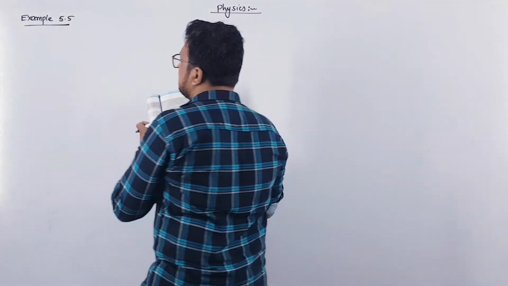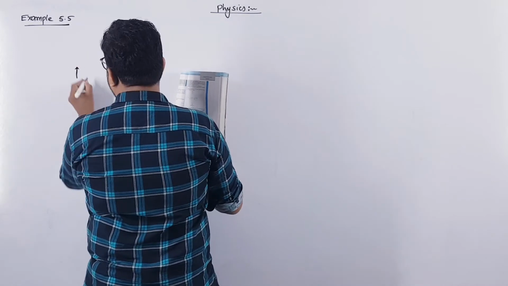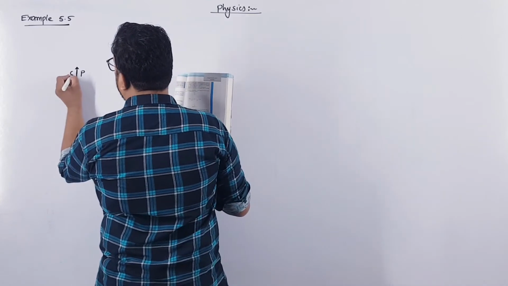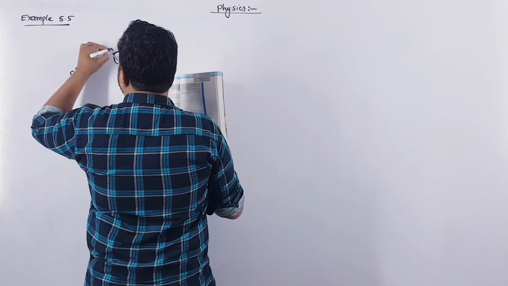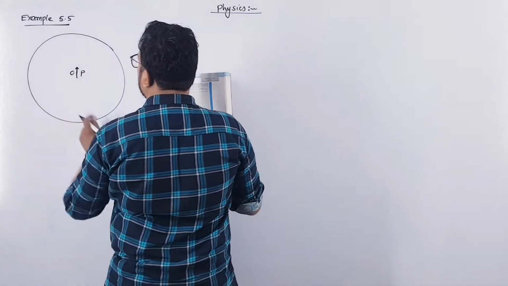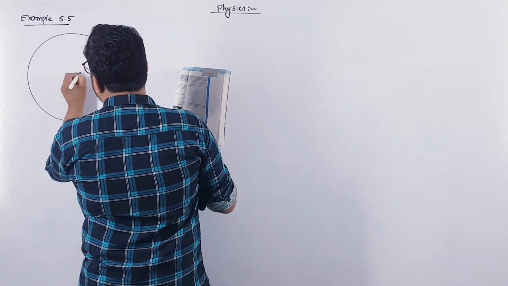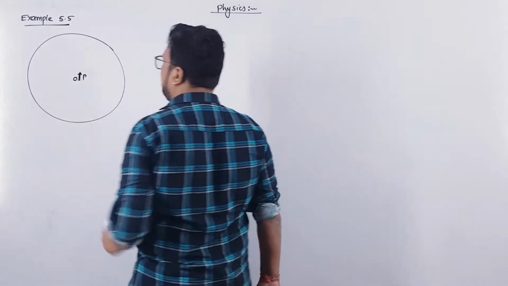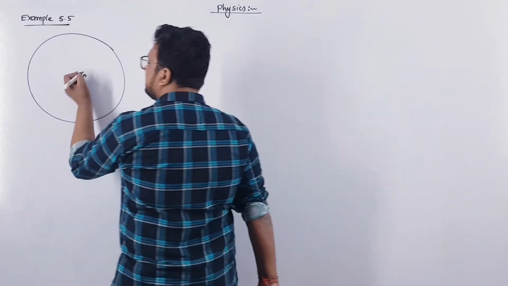So here the figure is something like this. Here we have dipole moment P, a small magnetized needle P, which is kept at point O. Now if this is the magnetized needle, then its magnetic dipole moment is represented by the arrow.